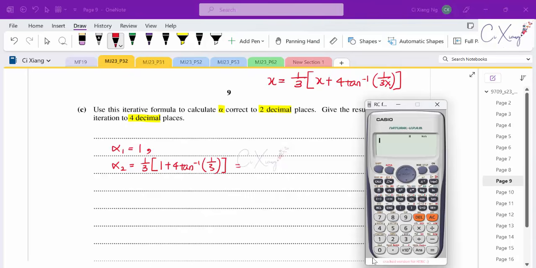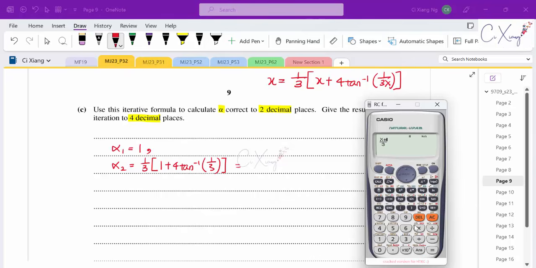So to key in the formula, what do we have here? We have a fraction, and the denominator is a 3. Then on top, I'm having x. For x, I'll put alpha x.